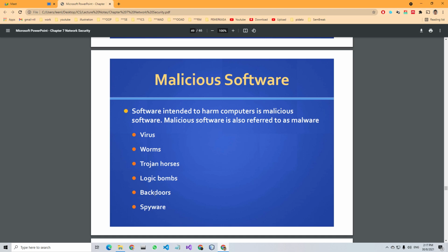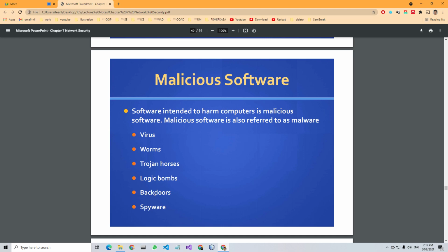The virus, just to review, will affect the performance of the computer device and might alter the way the computer works without the user's permission. A worm might keep repeating itself, use up resources, and possibly shut down the computer or the whole network.